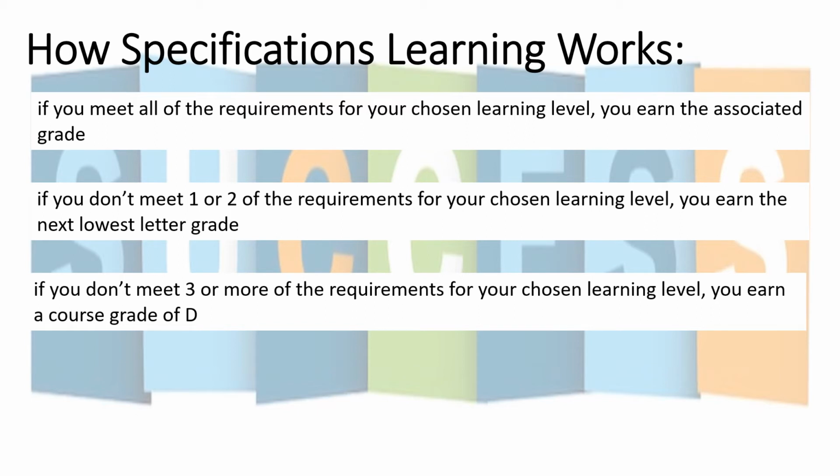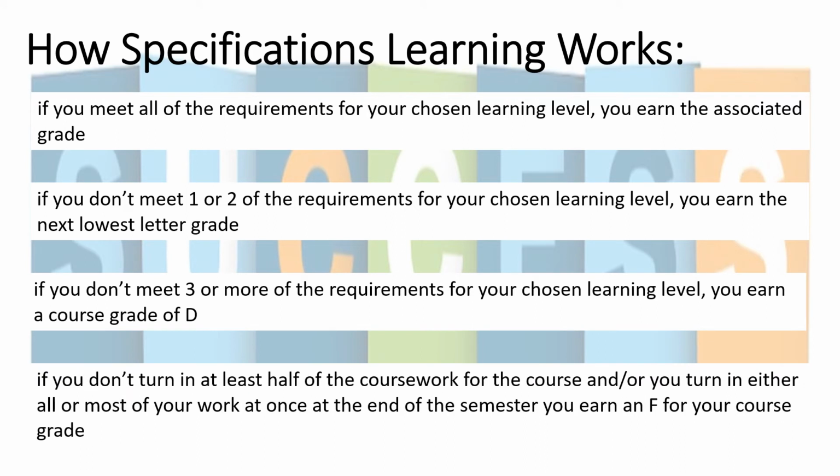However, there are 2 other circumstances specified in the learning contract under which I reserve the right to assign a course grade of F to students who do still participate and turn in work. The first of these circumstances is if you fail to turn in at least half of the work for the course. 50% of the work equals 50% out of the 100% scale that is used to determine letter grades, and that 50% is equal to a failing grade.